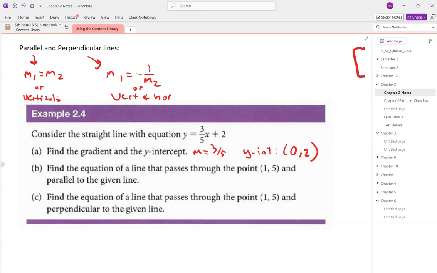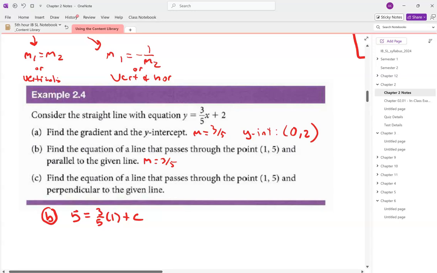Find the equation of the line that passes through the point 1, 5 and is parallel to that line. Since it's parallel, I know its slope is 3/5, right? So I just do my y equals mx plus b, or c, I guess. So that's going to be 22/5 when I subtract that over.